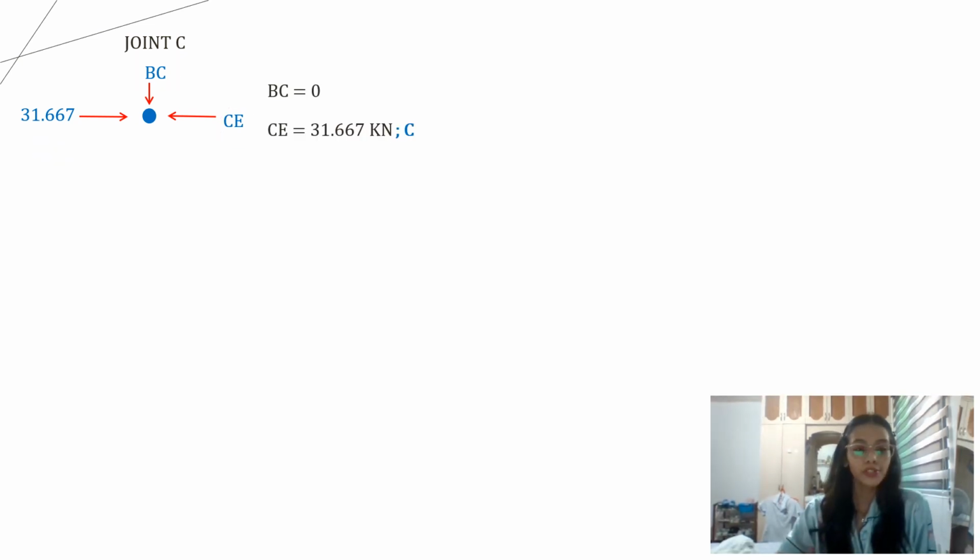Since BC is missing, it equals 0 because there are no forces pointing at that point. So our CE is 31.667 also, since it equals our AC. So it is compression since it is pushing the truss.